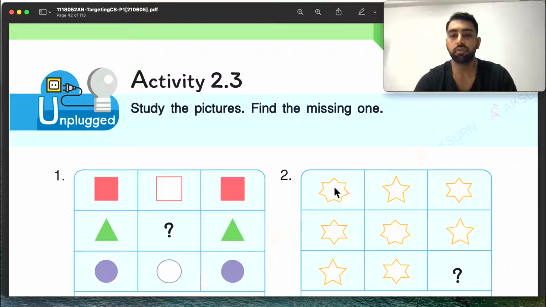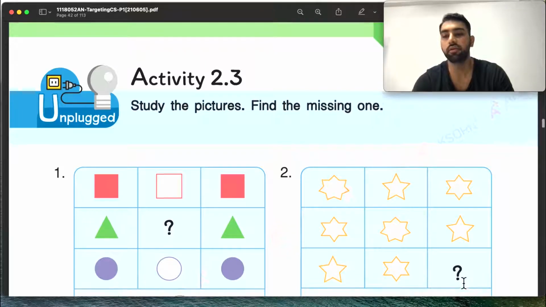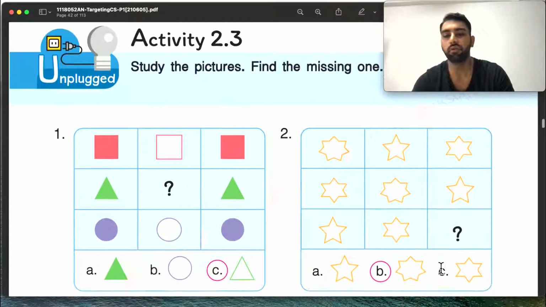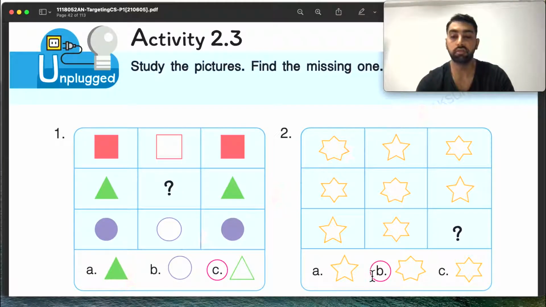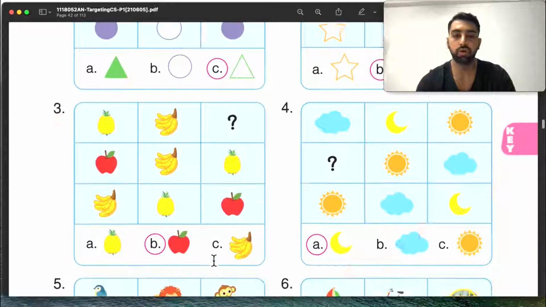All right, so this and this and this, 7 5 6, and then 5 6 7 and 5, and here 5 6 and this one 7. Okay, you have to circle the correct option. Okay, this is B. All right, so you have to do all the activities the same way.